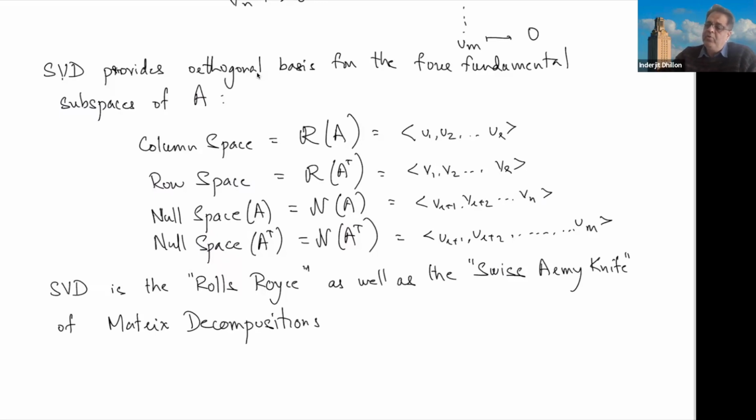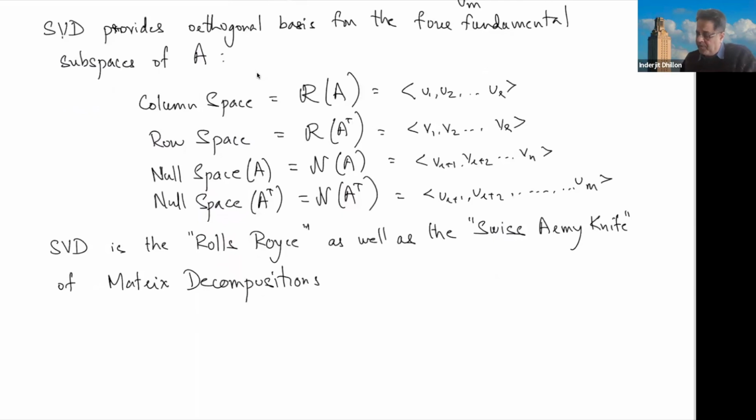Okay, and let me give one more property of the SVD, and then we'll move on to regression. Again, a very important property of an SVD. So if A is an M by N matrix, we've seen the truncated or thin SVD.